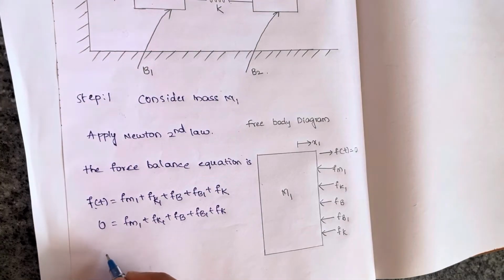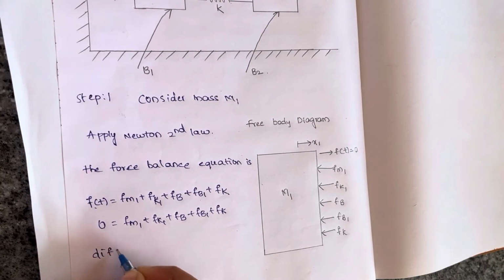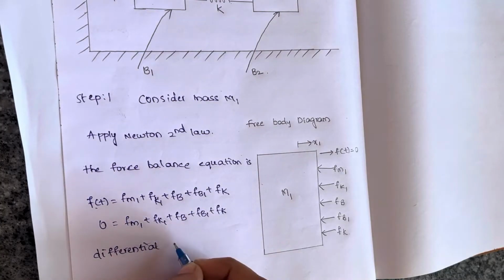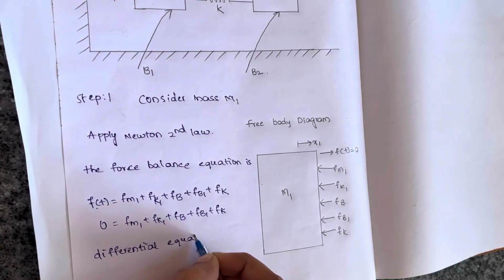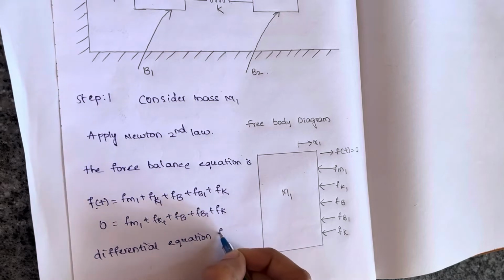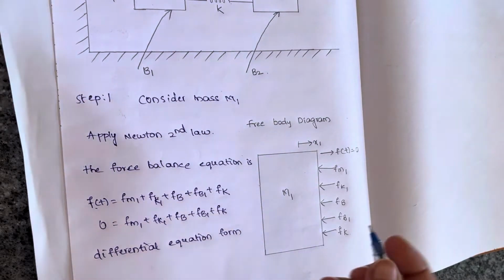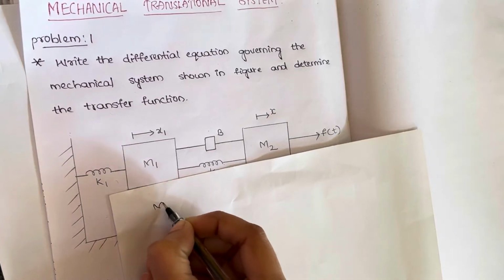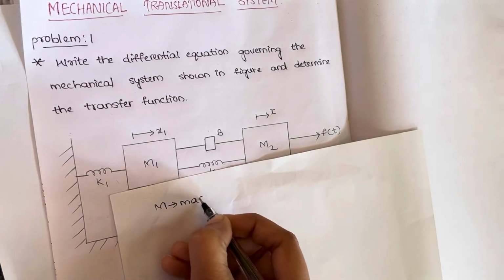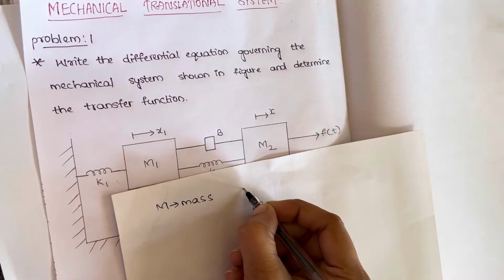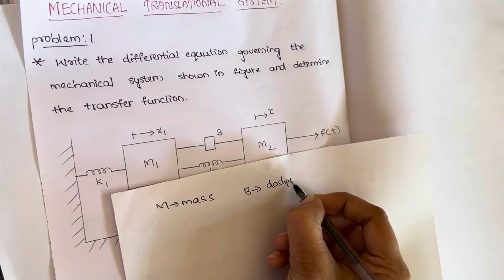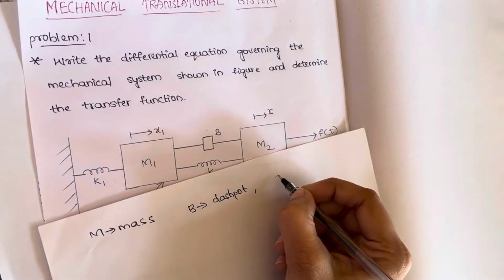Now write the differential equation form. Here we have three things, right? One is mass, one is dashpot, and another one is spring.